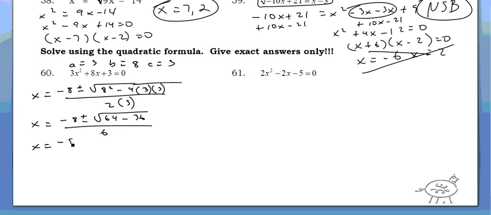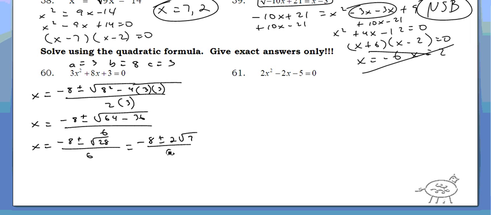So x equals negative 8 plus or minus the square root of 28 over 6. And then I can simplify that. It's negative 8 plus or minus, it's 7 times 4, so 2 root 7 over 6.